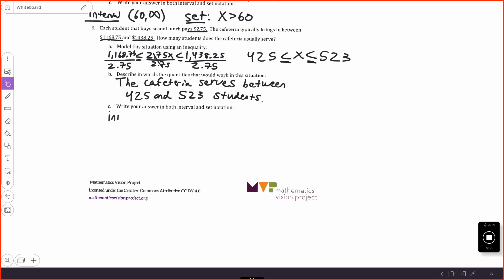So interval, I'm including those numbers, so it's 425, 523 in brackets, and set is the exact same answer already found: 425 less than or equal to x, less than or equal to 523.